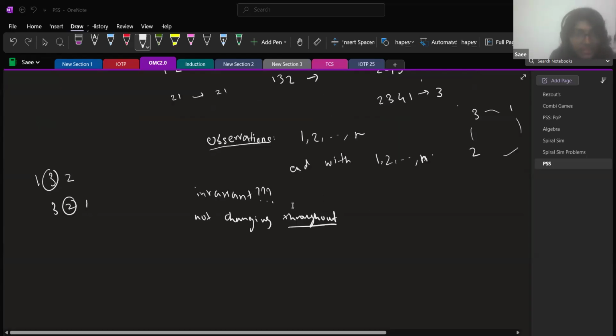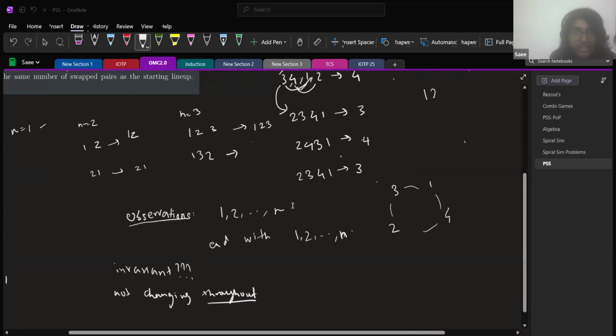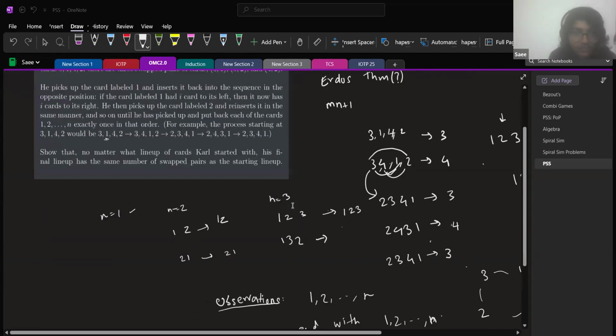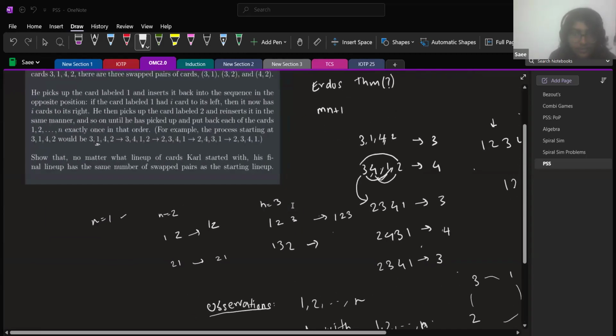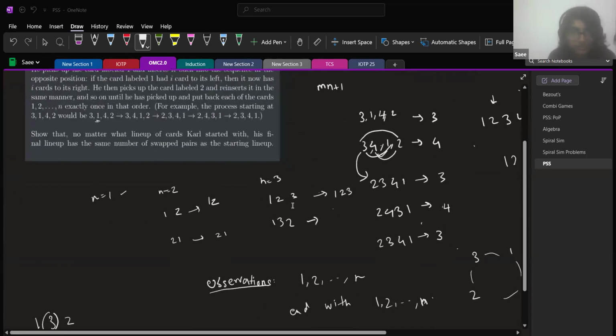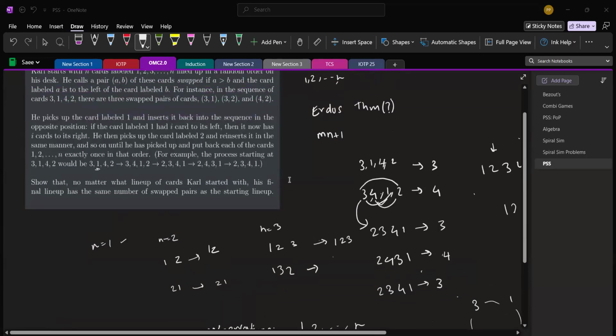So we're looking for an invariant that is not changing throughout. Any other observations, maybe from trying some small cases? If it's an invariant, it has to not change based on some other thing, right?